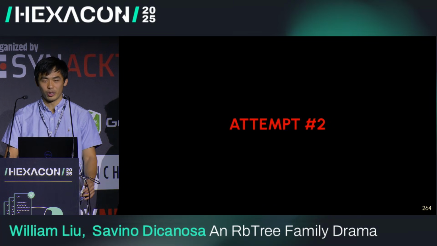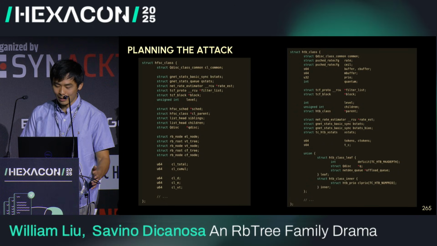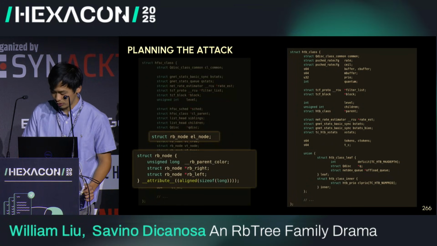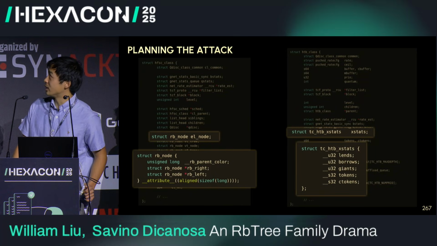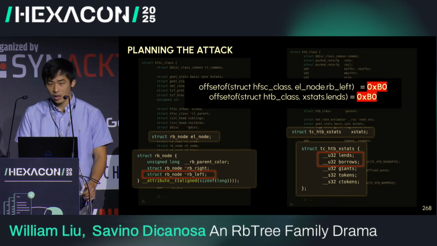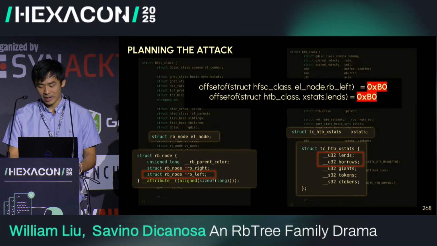All right, back to the drawing board, attempt number 2. What other fields can we target, overlap and type confuse? Well, we can bring back our good friend, the RB node, and also this time the xstats field, specifically the lens and borrows field, which is user readable, and you can also increment it as you send packets.